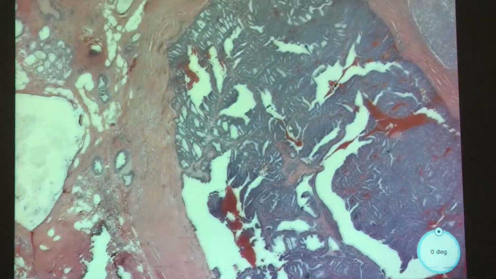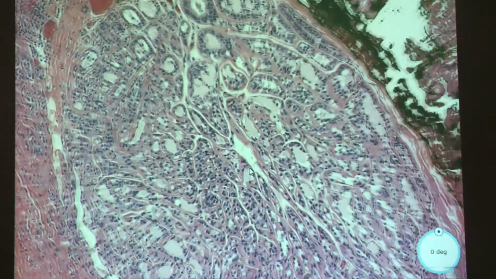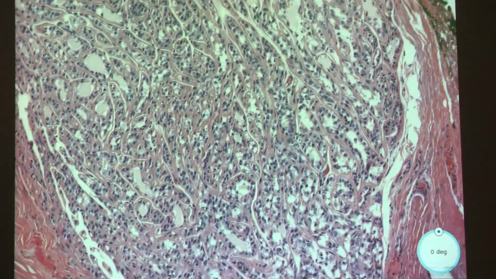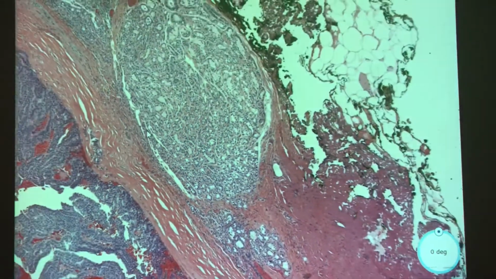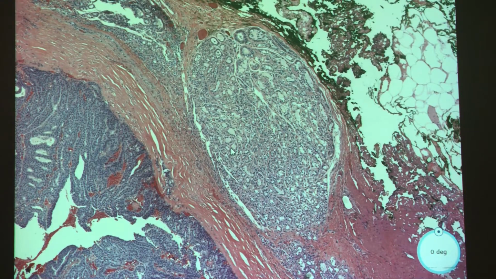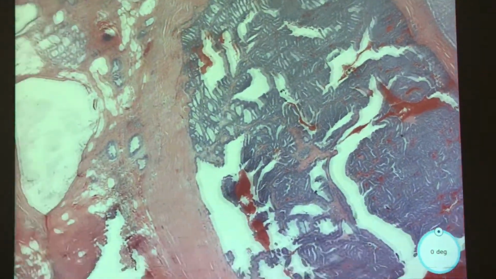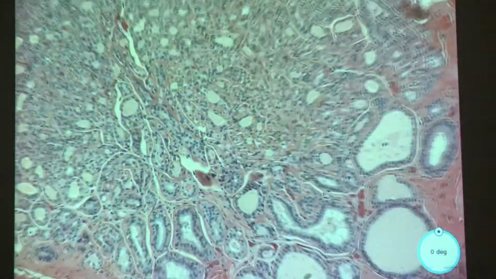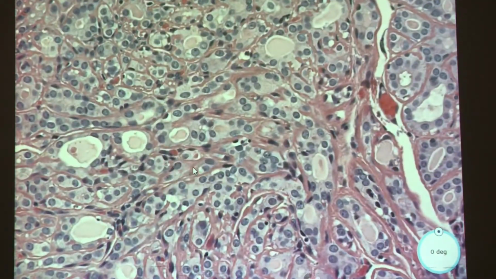Let's see. What is this? That I think is a little different. I think it's something else. There's a lot going on in this breast. I'm glad that you honed in on the lesion of interest. This looks almost like adenosis, right?